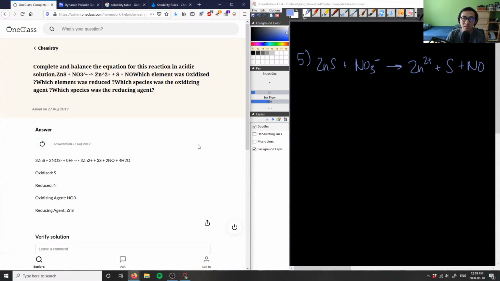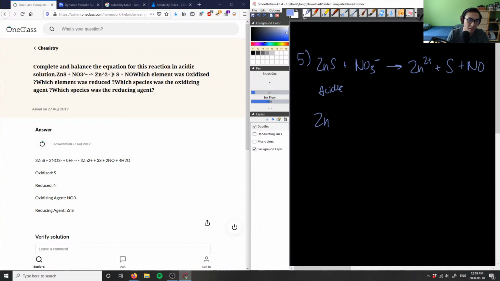We actually have to write down the half reactions to figure this out. And again, this is in acidic conditions here, so keep that in mind. So let me write down the half reactions first. I have ZnS. There should be a charge on S here, but I don't.